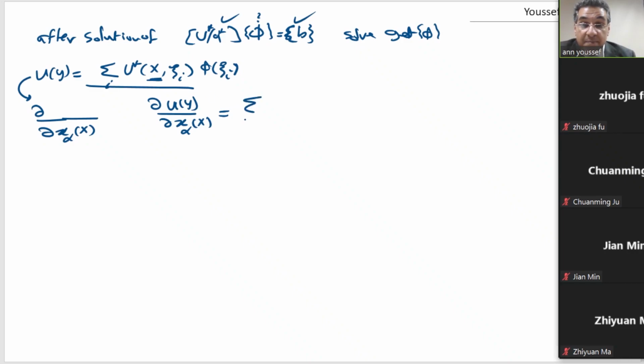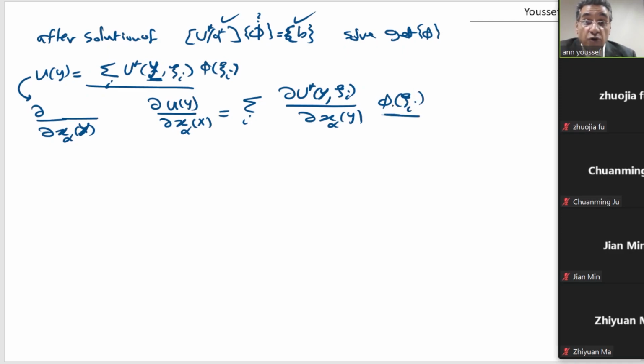It will give sigma over I du asterisk of y, and xi I times dx alpha of point y times the phi of xi I. And these values are constant.